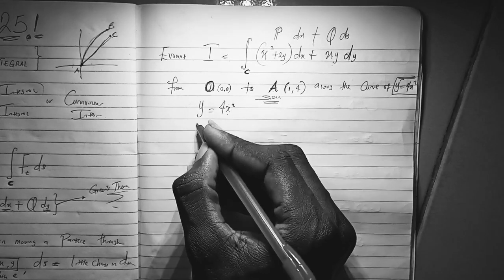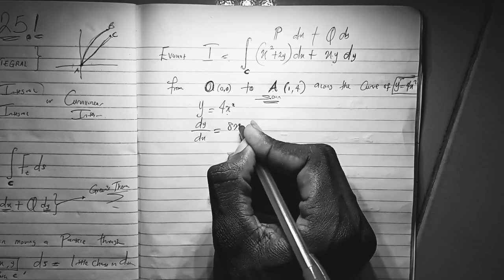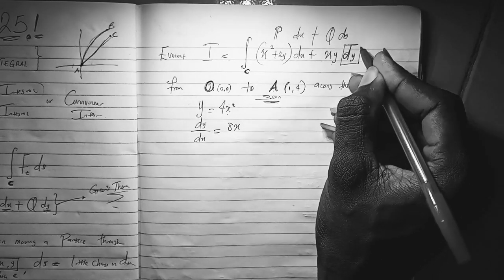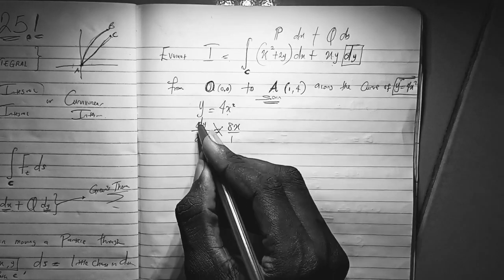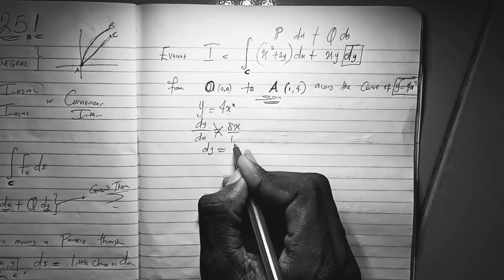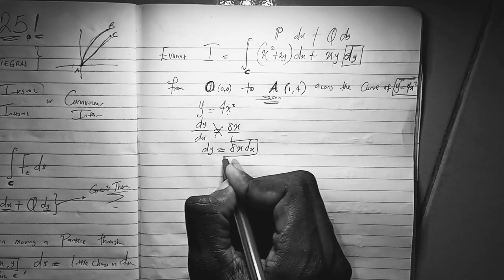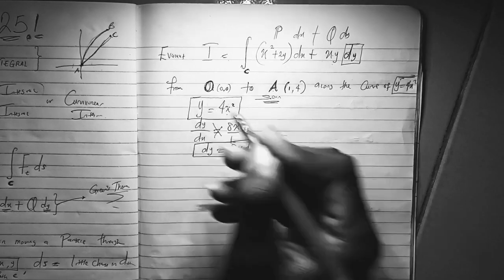So since it is differentiable, I will have dy over dx equal to 8x, right? And at the same time, let's find whatever dy will give us. So you drop 1 and then you cross multiply. Dy times 1 is dy equals 8x dx. Now I have the result for dy, and this was given initially from the question.